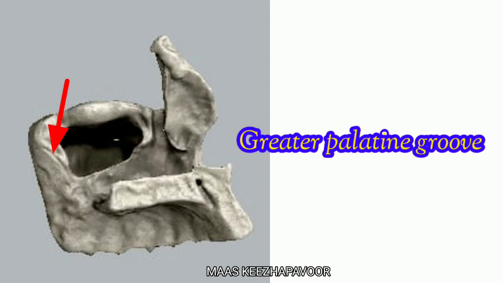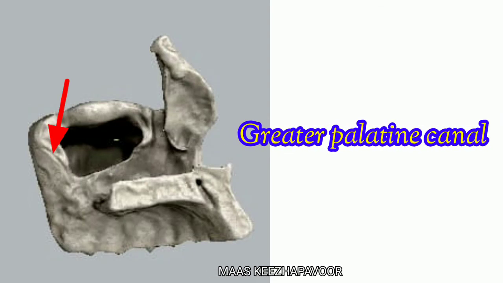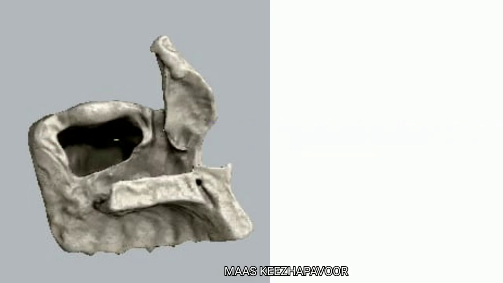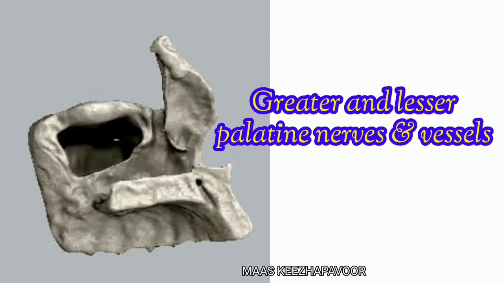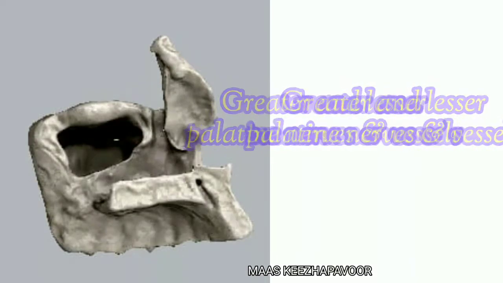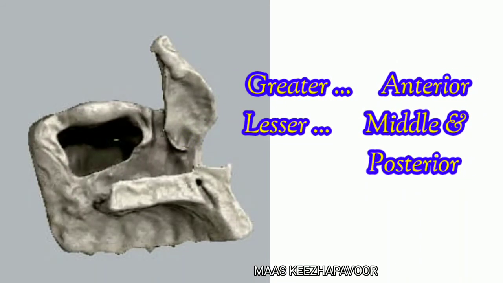The groove behind is the greater palatine groove that will be converted into the greater palatine canal when it articulates with the perpendicular plate of the palatine bone. This canal transmits the greater and lesser palatine nerves and vessels. Hope you remember that the greater palatine nerve is the anterior palatine nerve and the lesser palatine nerves are the middle and posterior palatine nerves arising from the pterygopalatine ganglion.